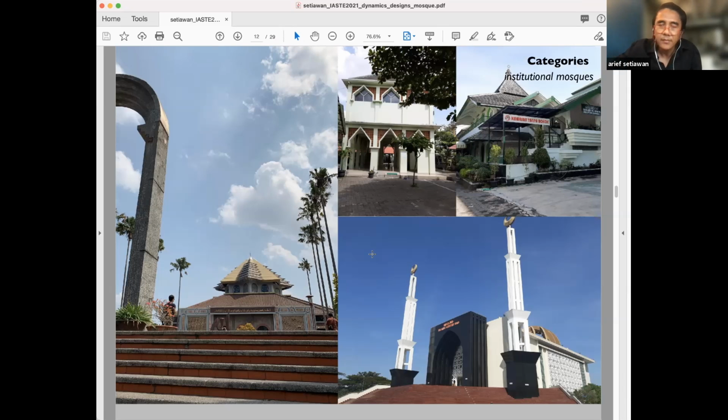It is part of their facilities, and the relationship with worship is very mechanical, because of the schedule of the working and educational activities.